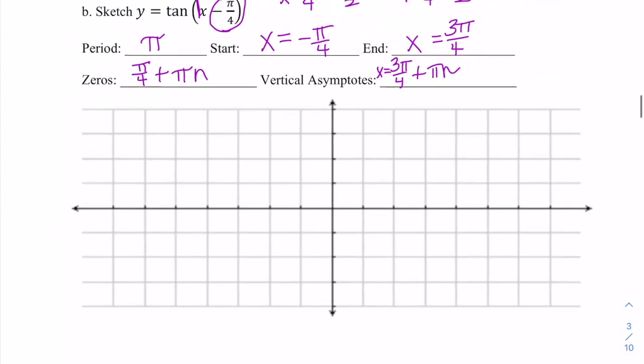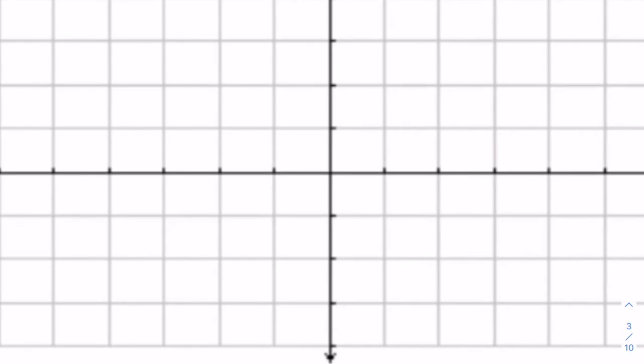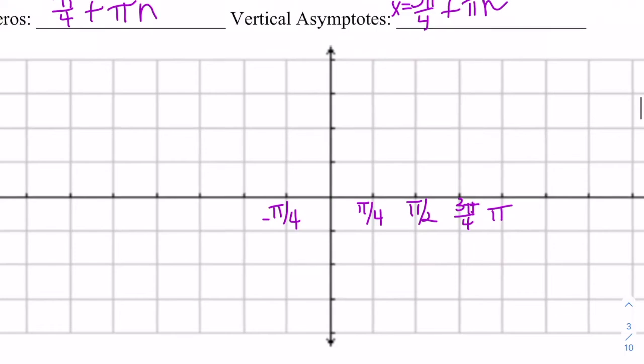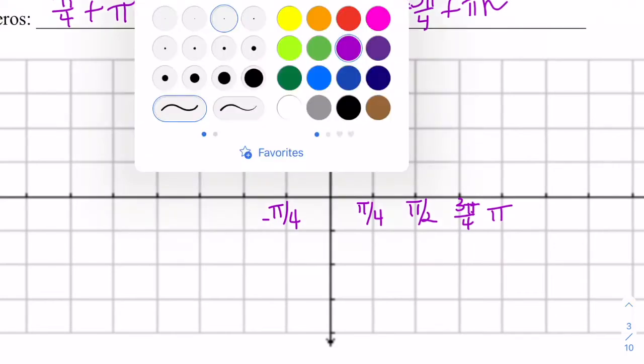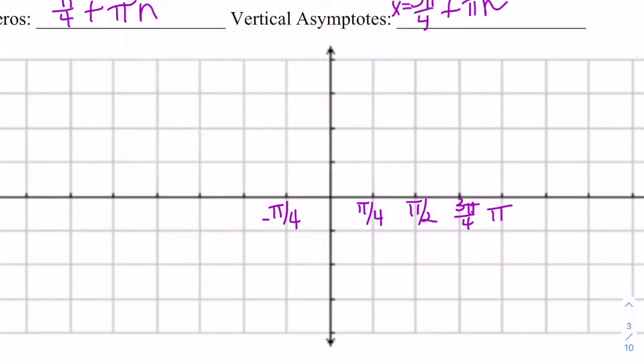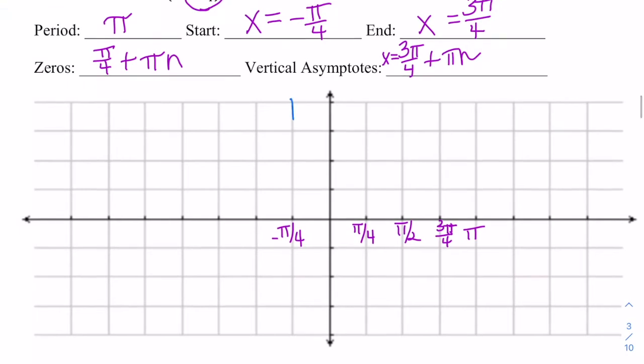All right, so whenever we're graphing it, we can determine whatever we want on our axes. Since we have a lot of pi over 4s, I'll put pi over 4. This is pi over 2. For the first one here, I'm going to label the asymptotes at -pi over 4 and 3 pi over 4.